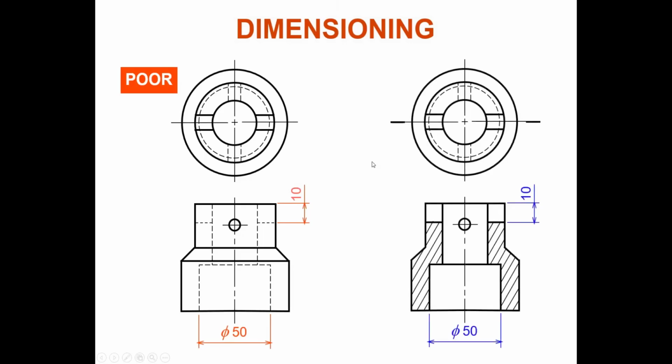If we have a section view, this will facilitate dimensioning, because we can see the internal parts and we don't have any hidden lines, so it is easy for us to understand when dimensioning on the section view, rather than on the no-section view.